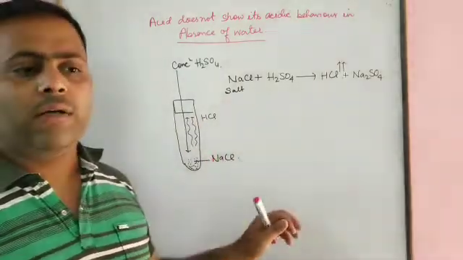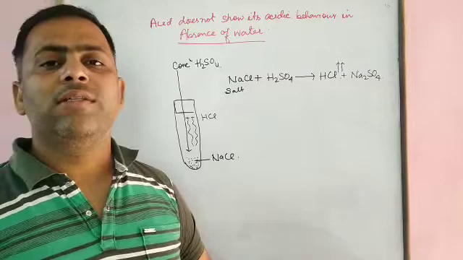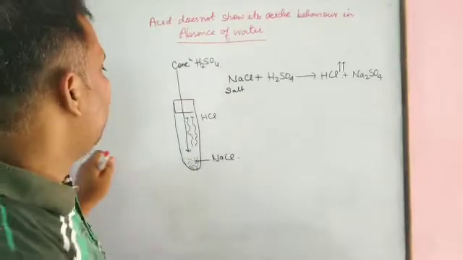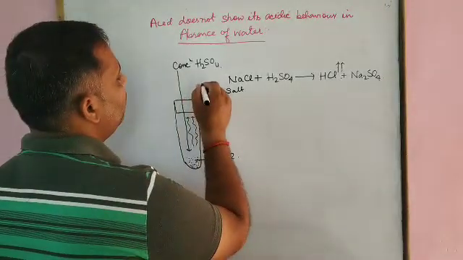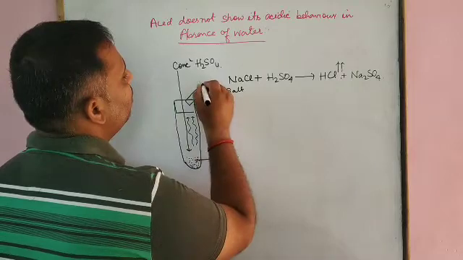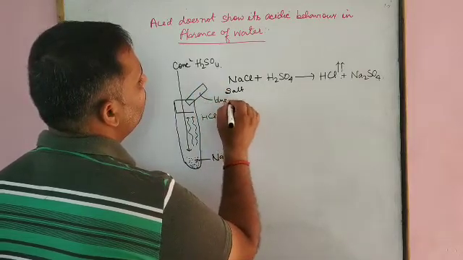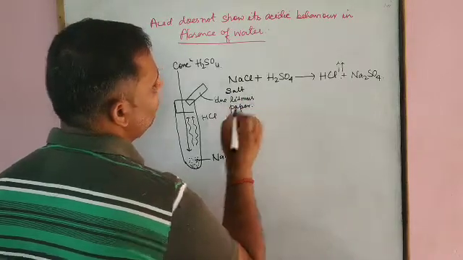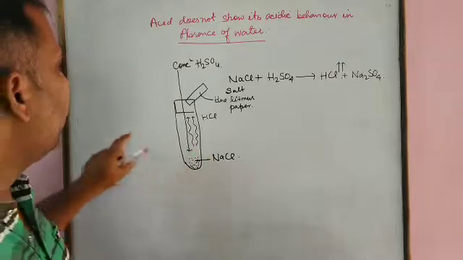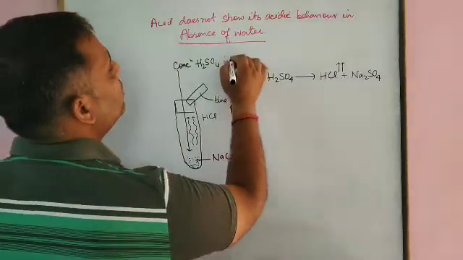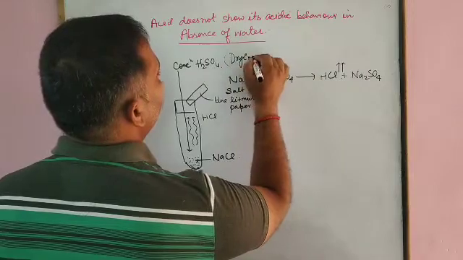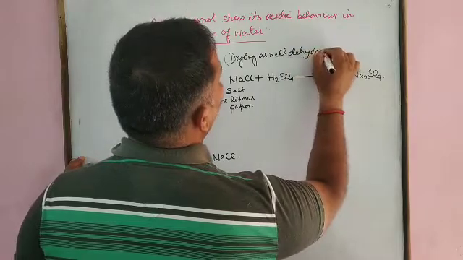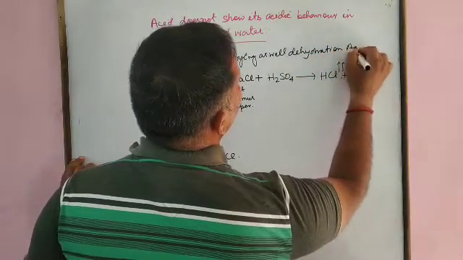In order to check whether the gas which is evolving is acidic or basic, we know the gas evolving here is hydrochloric acid. To test it, we bring a blue litmus paper. We know that concentrated sulfuric acid is a drying as well as dehydrating agent.